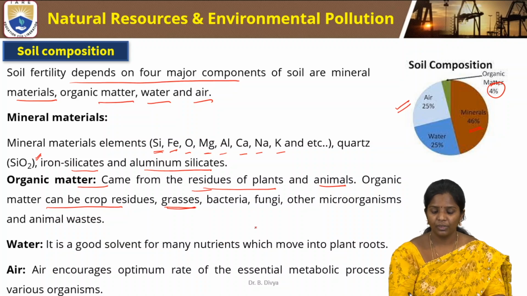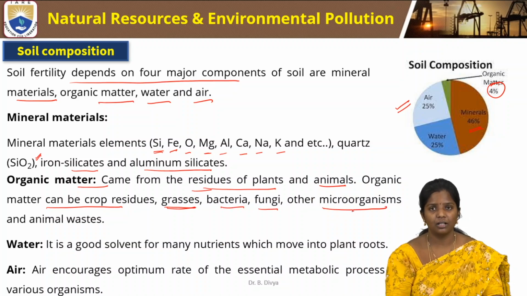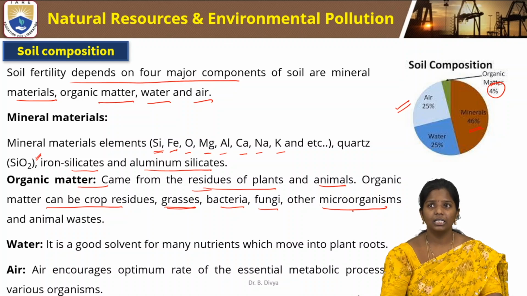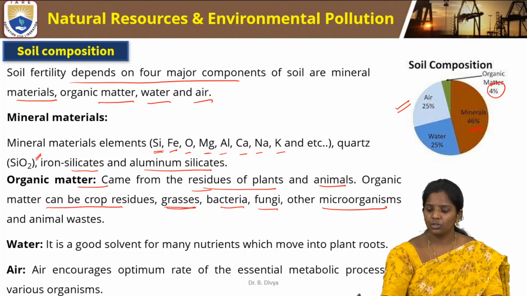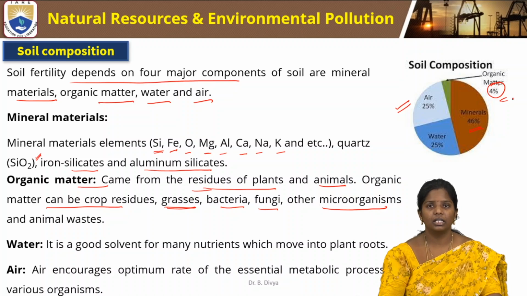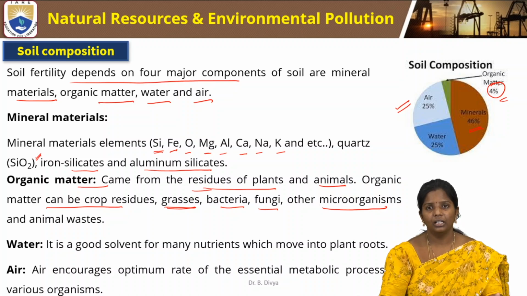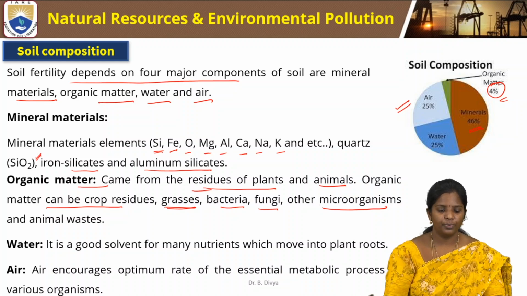Grasses or weeds, then bacteria, fungi, and other microorganisms and animals. All these form the organic matter. So why is it only 4%? Because after it decays very frequently, it forms a very thin layer, gets mixed with the soil. So that is why it is only 4%.